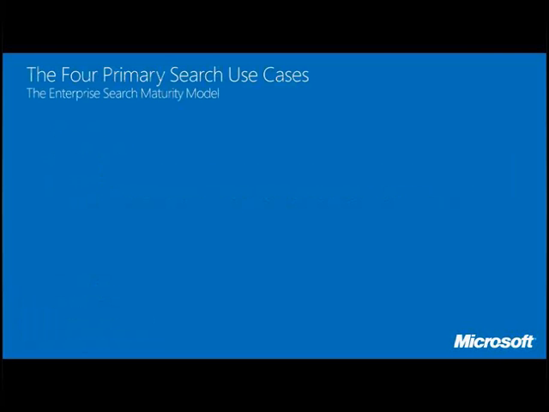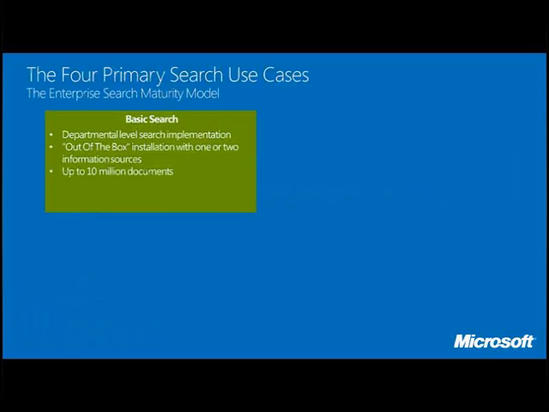Just to set the stage, there are 4 primary use cases for enterprise search, what we call the enterprise search maturity model. The first one is basic search, a small number of documents, typically done at a departmental level. This is the get the product, install it, throw it on a couple of servers, and you're done kind of implementation effort.